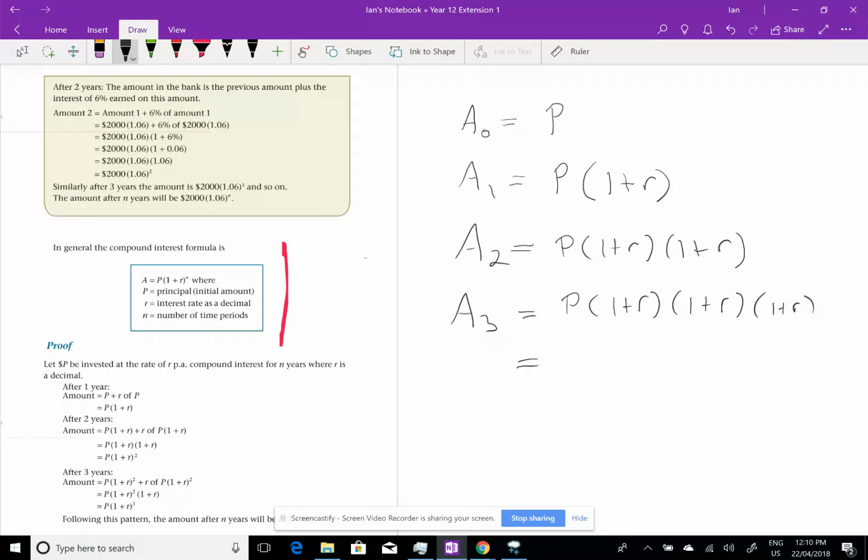So what I get is a principal, and if I go to the nth, I get 1 plus R to the n.